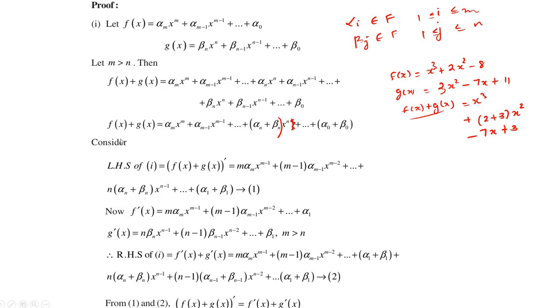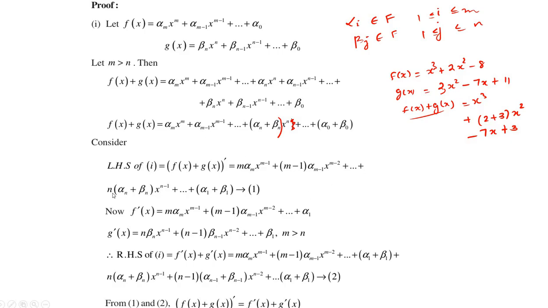Now what we need to prove is that the derivative of f of x plus g of x is nothing but the sum of the derivatives. So the derivative of the sum is the sum of the derivatives. We consider the left hand side. When we differentiate this, we get m alpha m x power m minus 1. The next one goes like this, and so on.